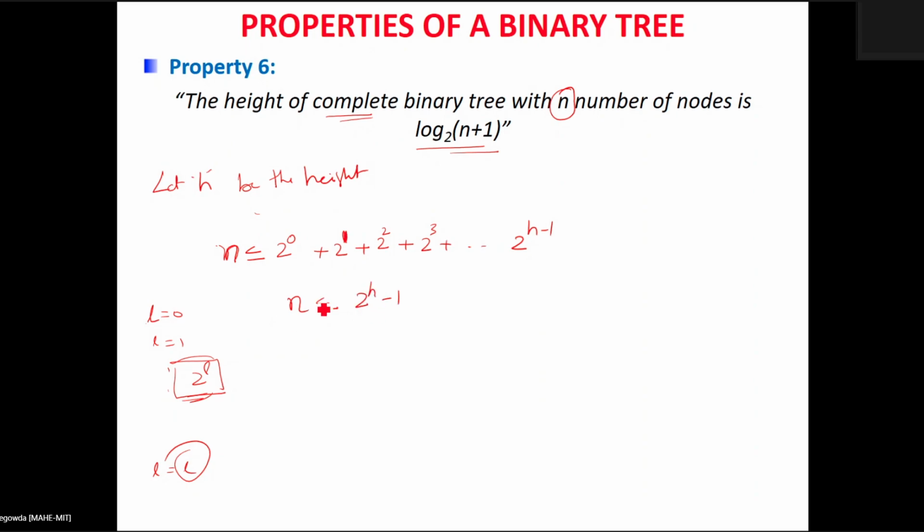I can simplify this further: 2 power of h should be greater than or equal to n plus 1.